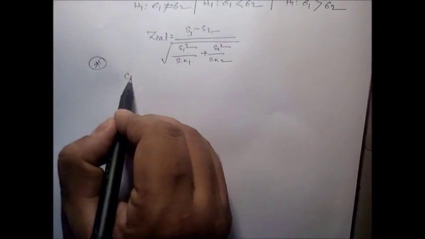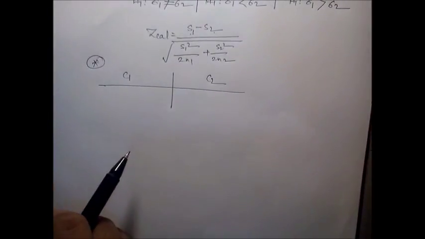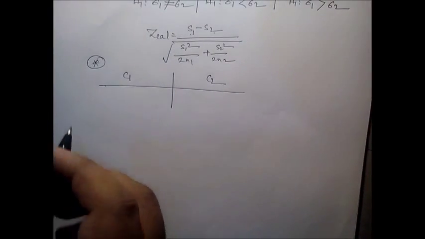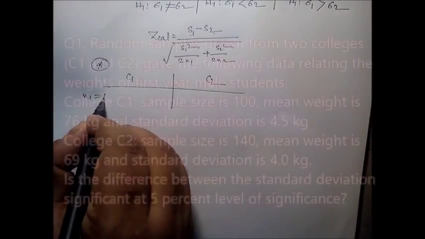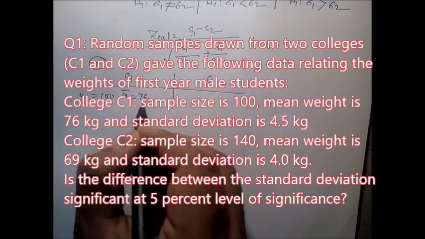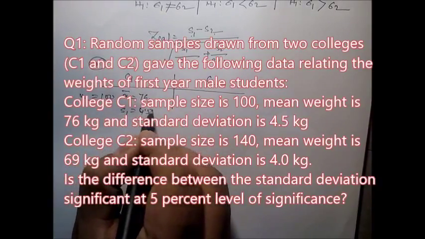Now, question. Random samples drawn from two colleges C1 and C2 give the following data relating to the weights of first year male students. College 1: number of students 100, mean weight 76, and standard deviation 4.5 kilogram.